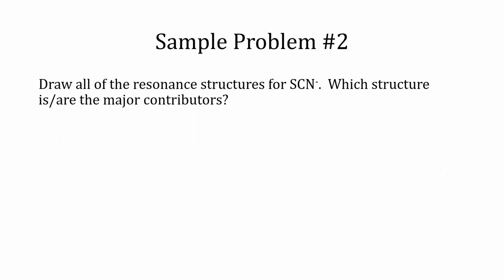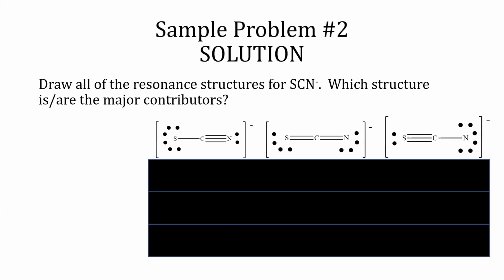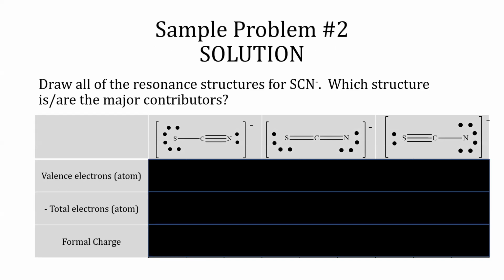Problem 2 is, draw all the resonance structures for SCN-. Which structures are the major contributors? Here are the 3 Lewis dot structures of SCN-. The first structure has an SC single bond and a CN triple bond.